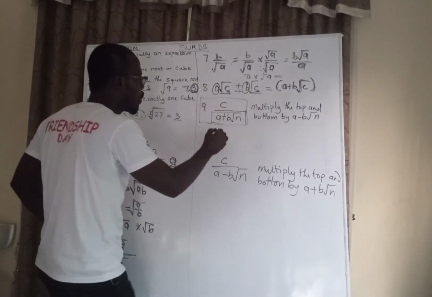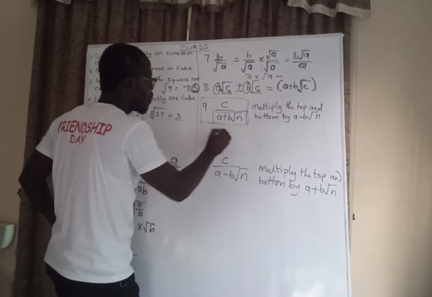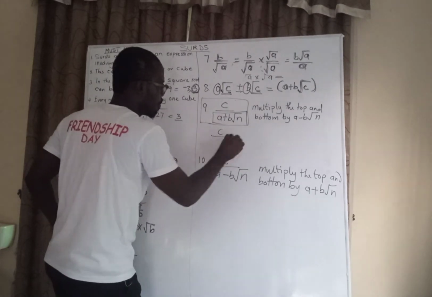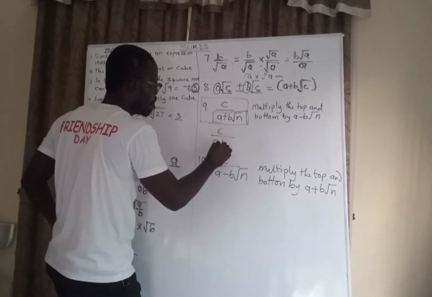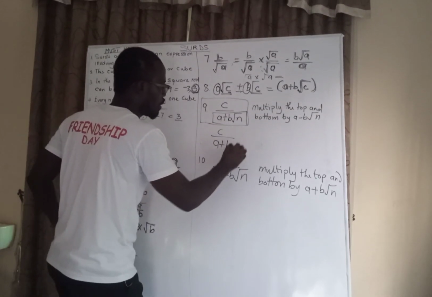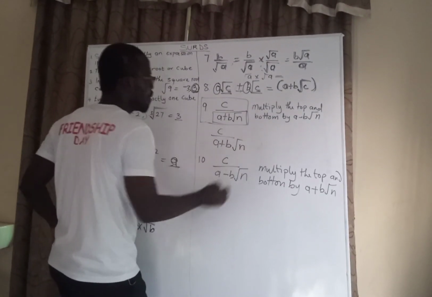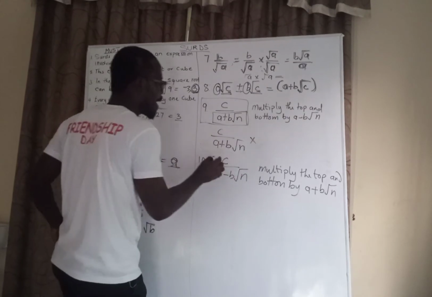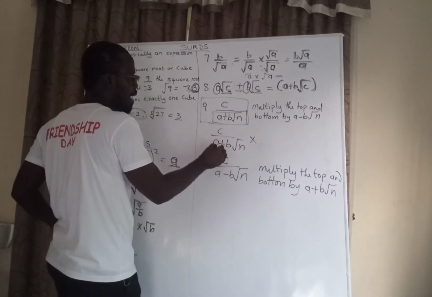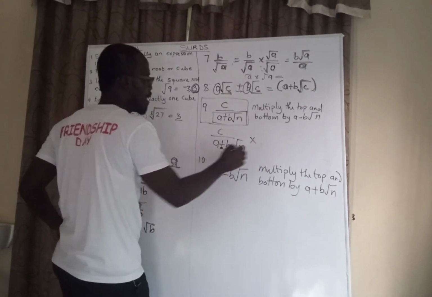So how will I do it? You write your number over a plus b, the square root of n, and multiply it by the same thing, just changing the plus to what? Minus.